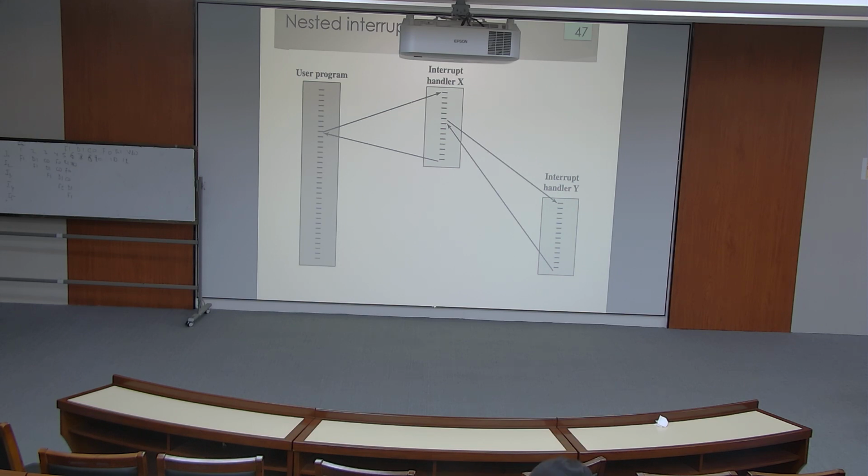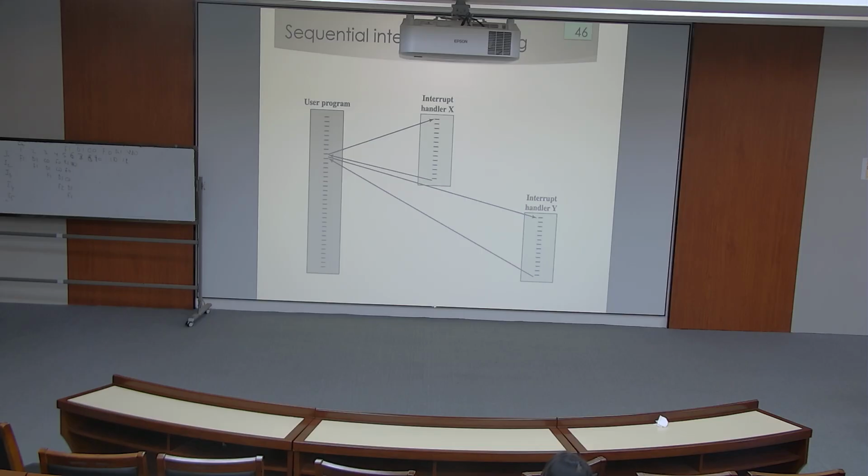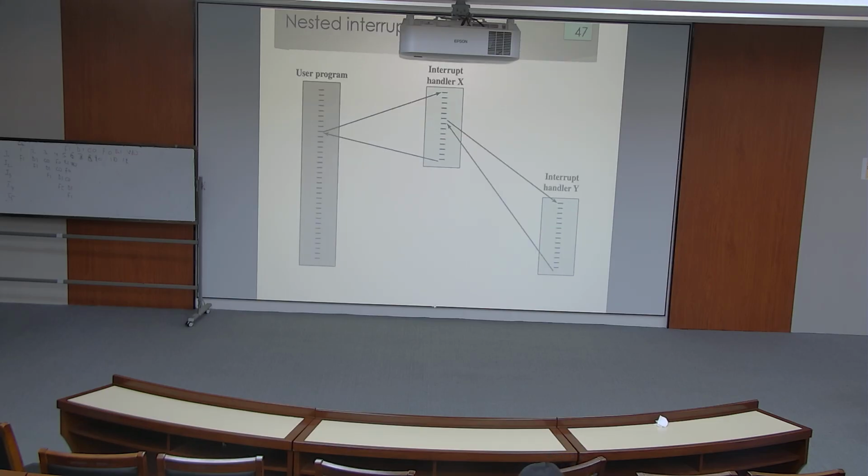We have sequential interrupt processing, which means the interrupts are being handled by the microprocessor in the order they have been received. Then we have the nested interrupt, where you see that while handling the interrupt X, another interrupt Y happened, then the microprocessor needed to handle this interrupt before it finishes.